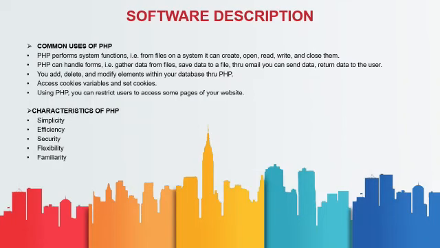And next, here we go: software description. This chapter is about the software languages and the tools used in the development of the project. The primary languages used here are PHP and MySQL. These are the common uses of PHP and the characteristics of PHP as mentioned: simplicity, efficiency, security, flexibility, and familiarity.